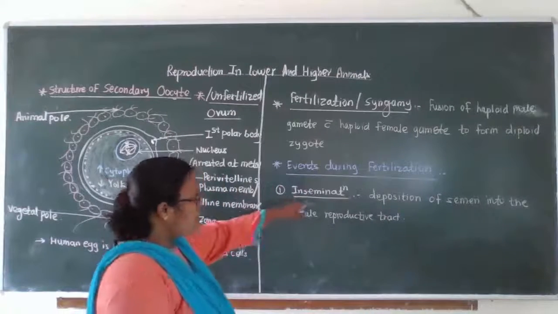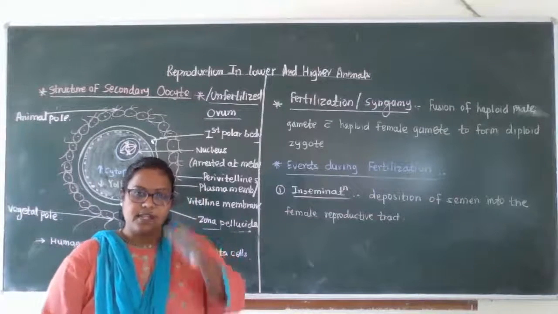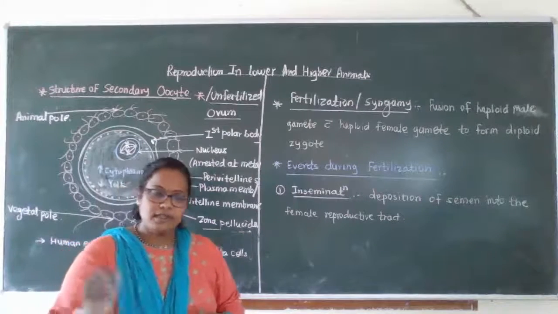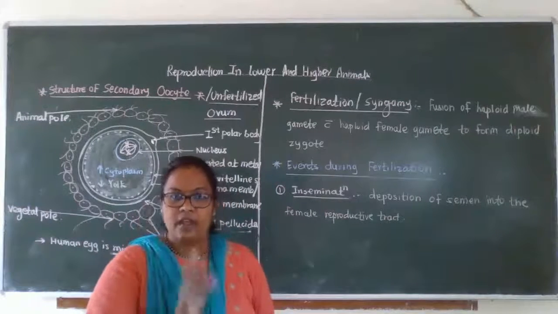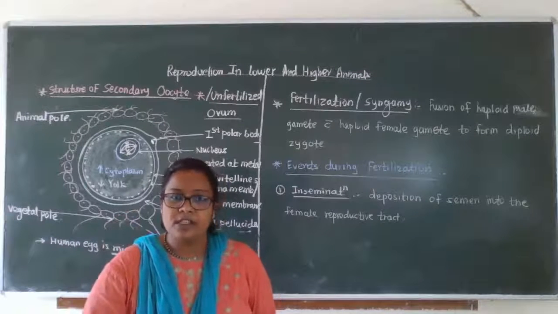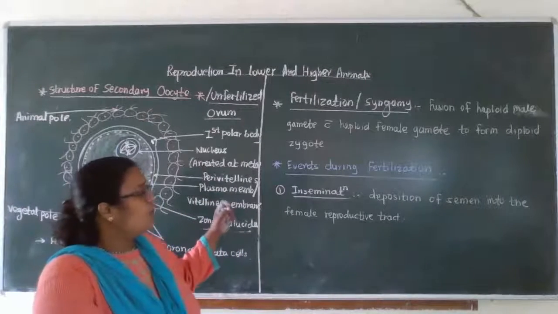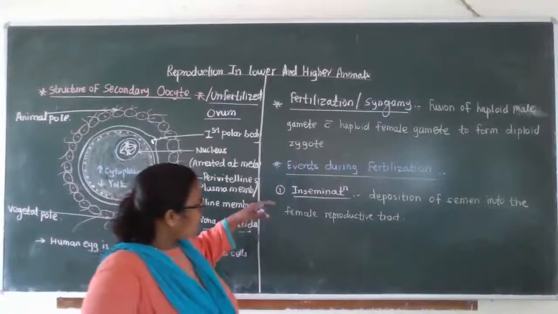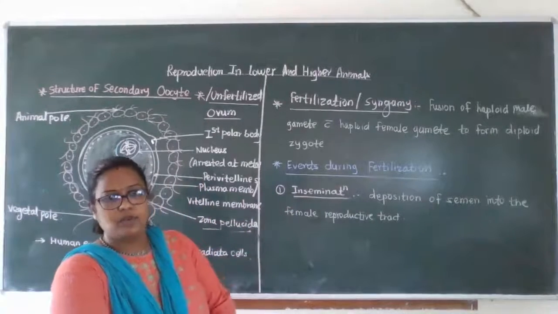During insemination, as I have previously stated, the sexual desire in humans is generated in the hypothalamus. During the act of coitus, or sexual intercourse, the male sheds the semen into the female reproductive tract.